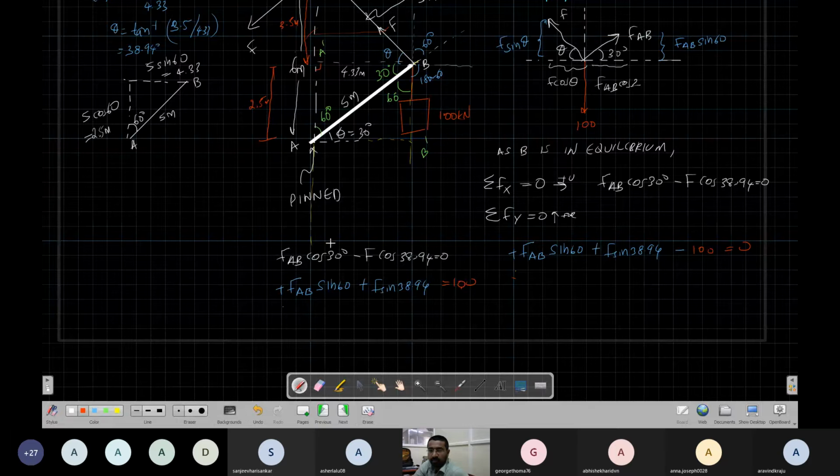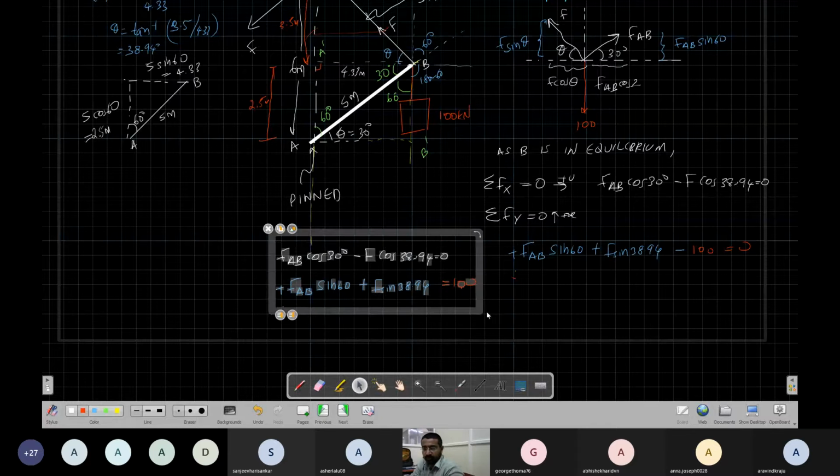As you are done, calculate the values of F_AB and F. Try to solve this, okay? Okay, let's solve this.